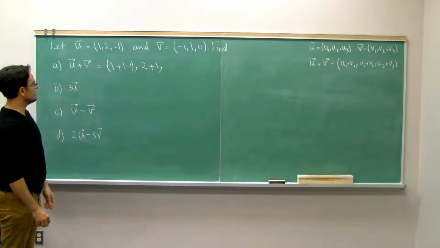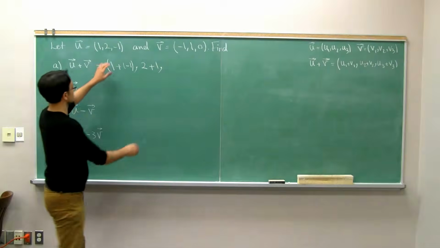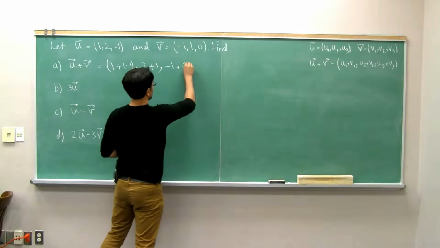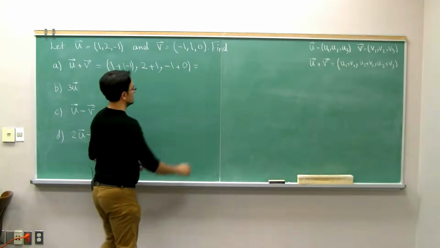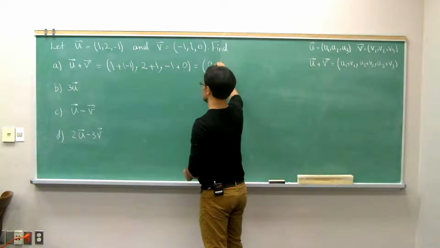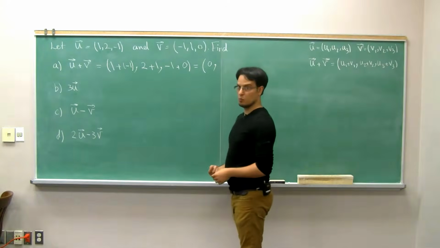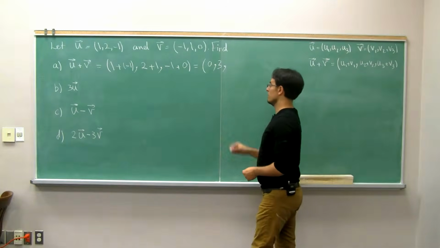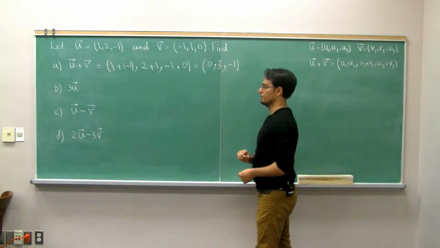And the third component is the sum of negative 1 and 0. Now I can simplify this. 1 plus negative 1 is 0. 2 plus 1 is 3. And negative 1 plus 0 is negative 1. That's the sum.